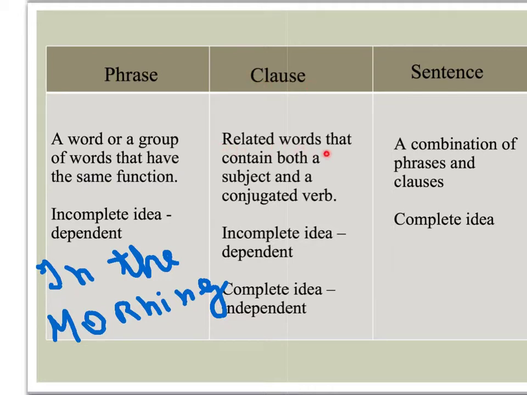Clause: related words that contain both a subject and a conjugated verb. Incomplete idea, dependent. Complete idea, independent. For example, because I love her. So what? What do you mean? It doesn't convey a complete idea. It conveys an incomplete idea.